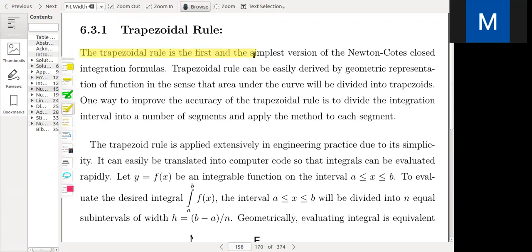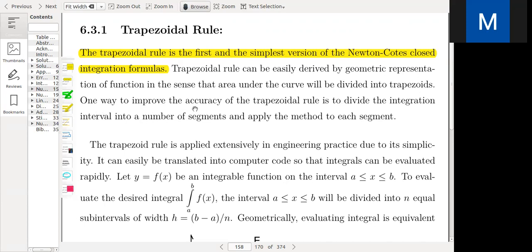The trapezoidal rule is the first and the simplest version of the Newton-Cotes closed integration formulas. The trapezoidal rule can be easily derived by a geometric representation of the function, in the sense that the area under the curve will be divided into trapezoids or trapeziums.